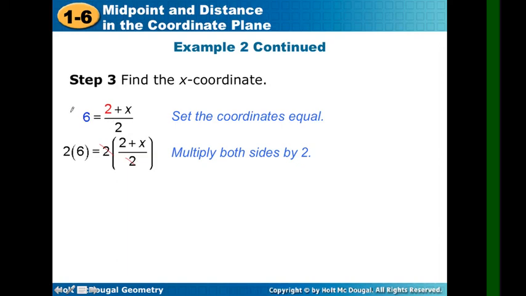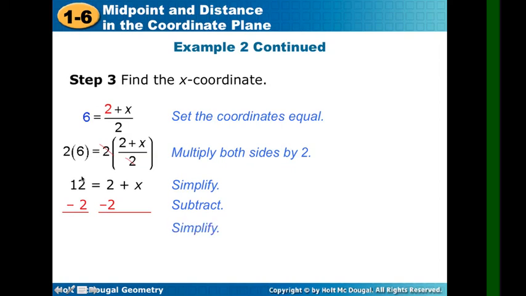2 times 6 is 12, equals 2 plus x. Then, ilipat ko si 2, or subtract 2 by the addition property of equality, or just simply transpose negative 2. So, the answer is x equals 10.